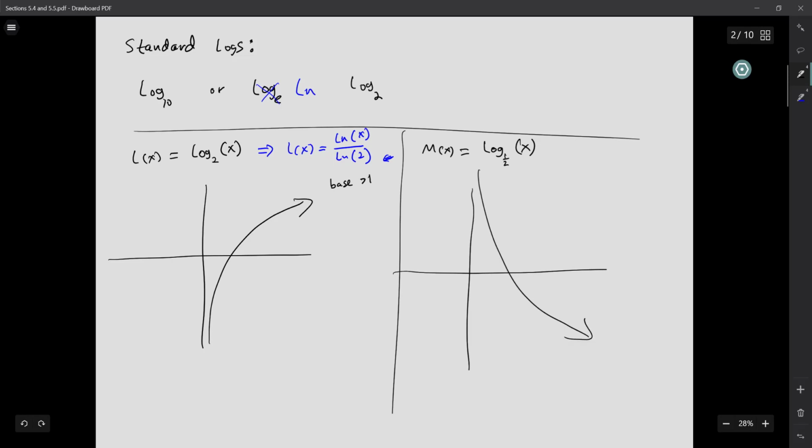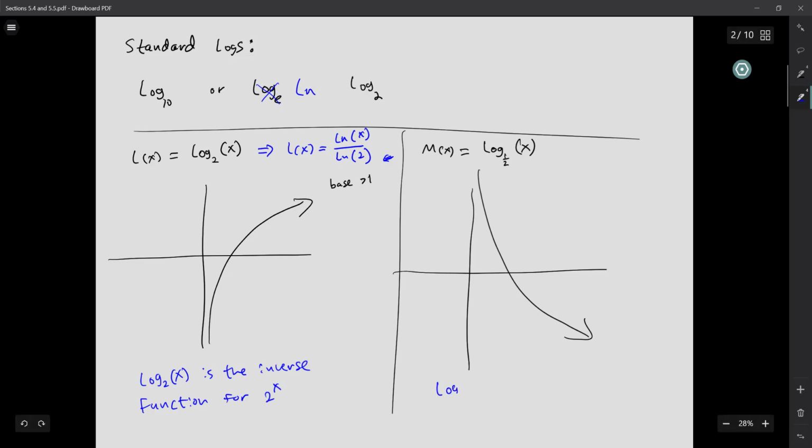There we go. So what you should see when you look at these sideways is they should look like sideways exponential functions. And that's exactly what's supposed to be happening, because this log base 2 of x is the inverse function for 2 to the x.